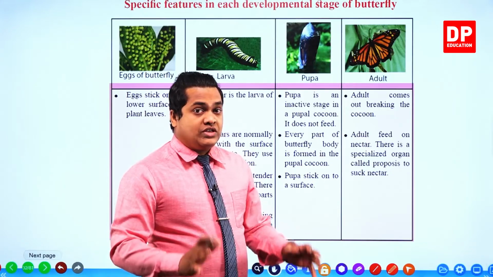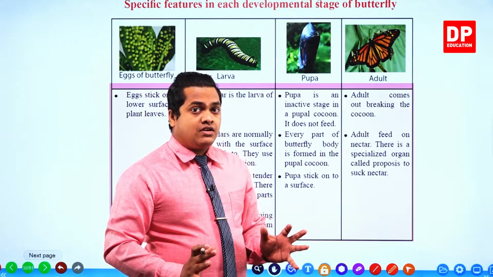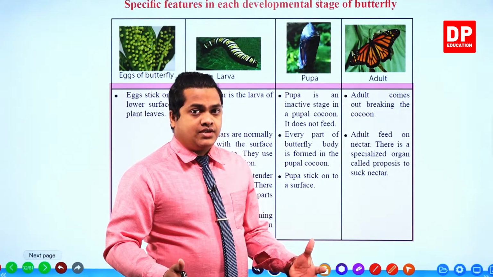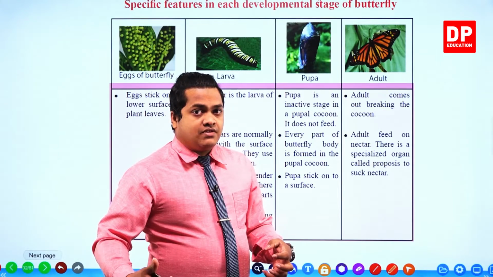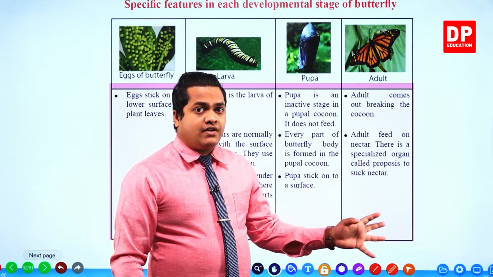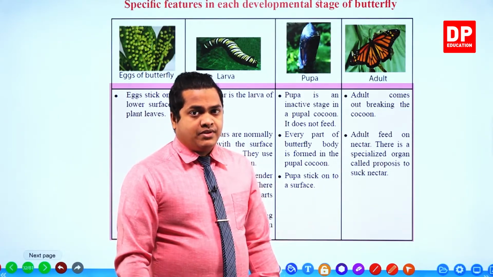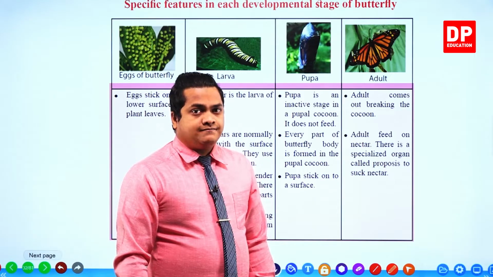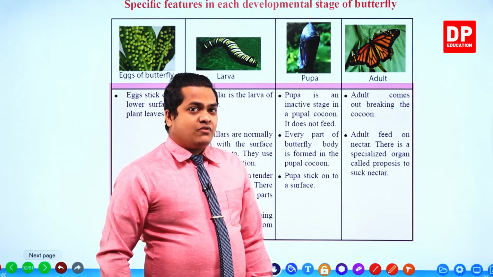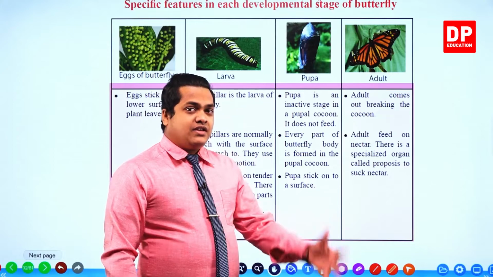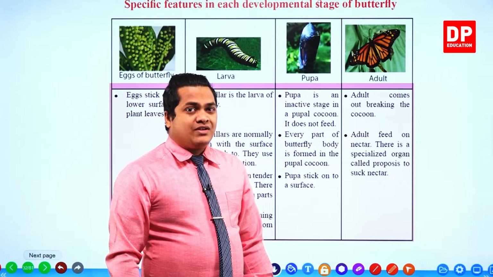So these body changes are really dramatic. You can see it. The larva is a somewhat different kind of animal and the butterfly is also a different kind of animal. That's why I told you about the complete metamorphosis process.